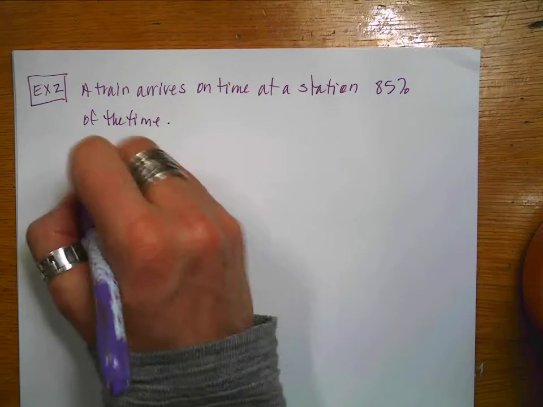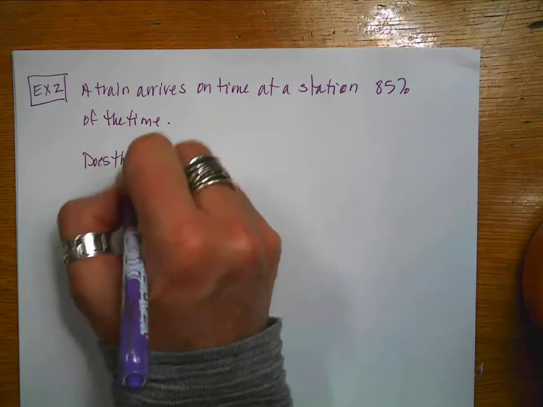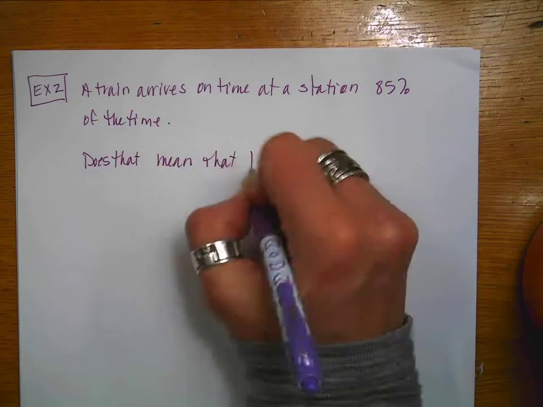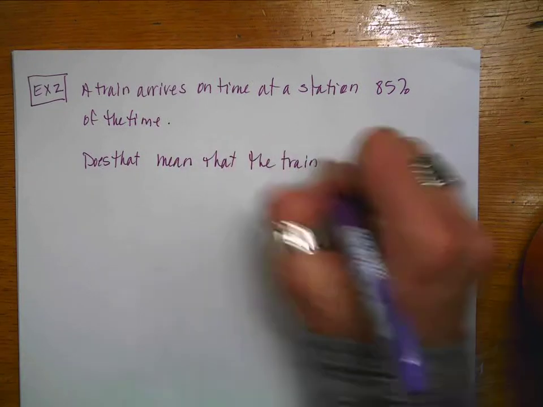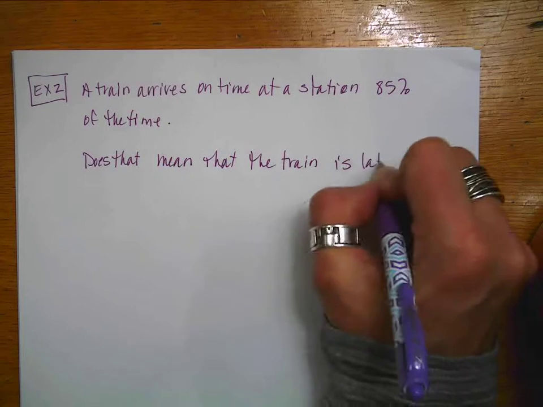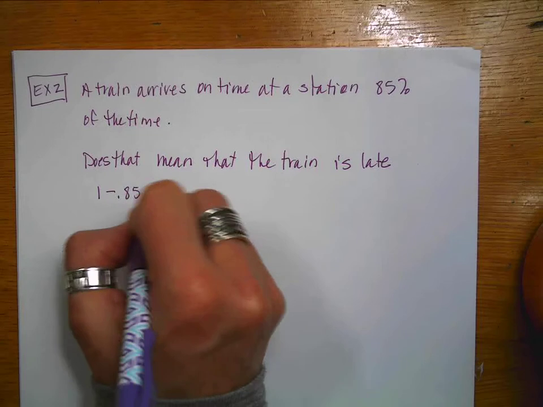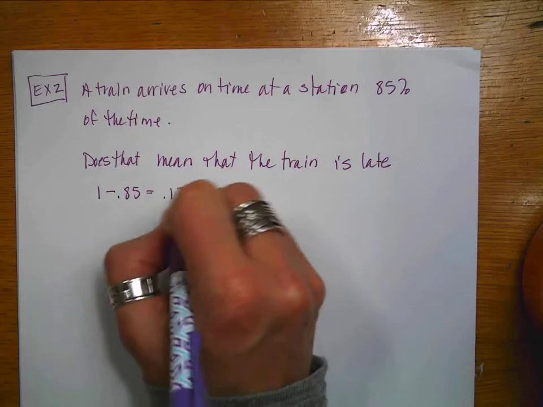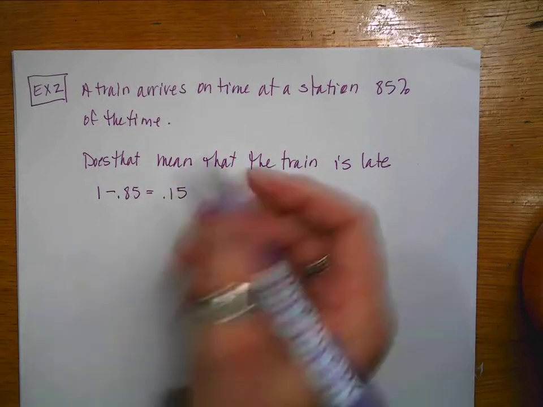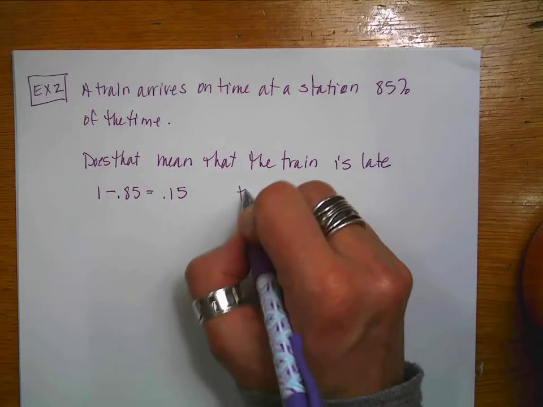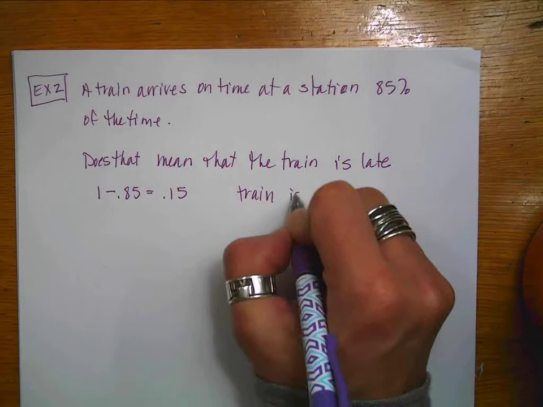So the question is, does that mean that the train is late? So the complement would be 1 minus 0.85, which would be 0.15.